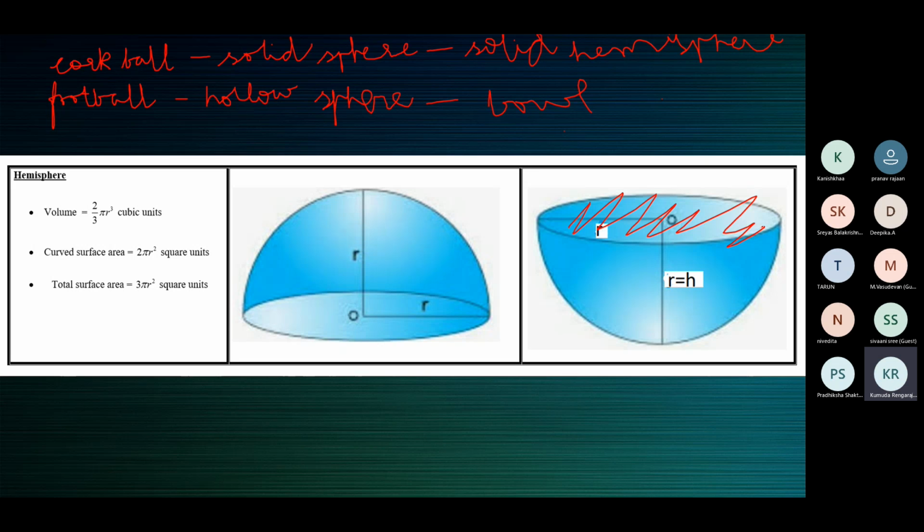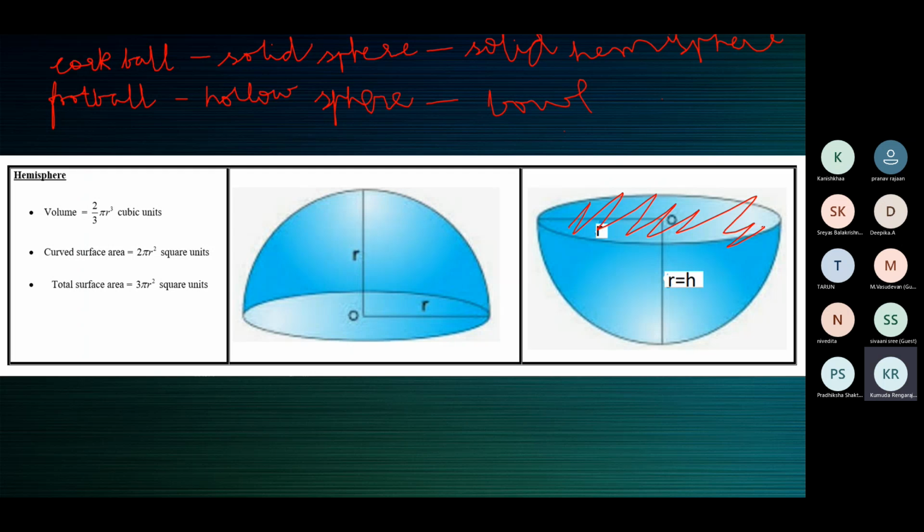So what is the difference between the hemisphere obtained from half of a cork ball and this bowl?